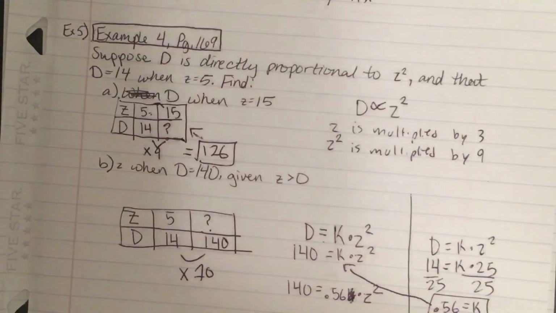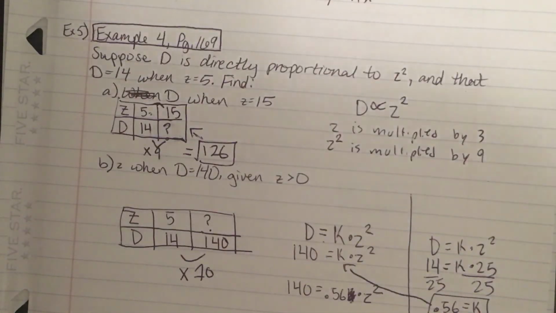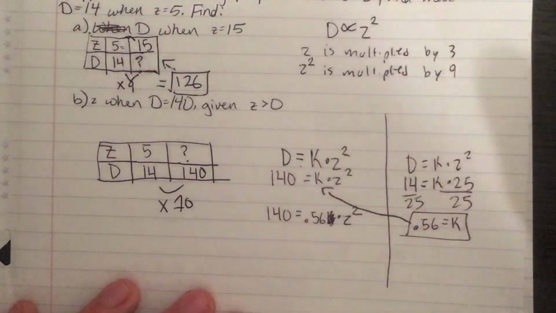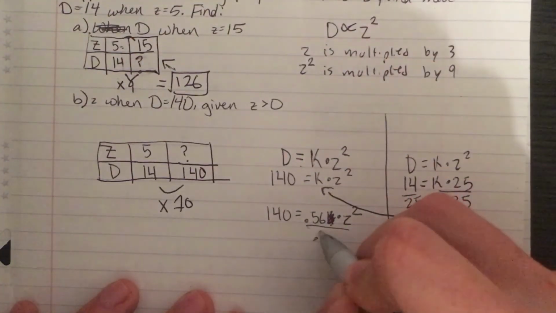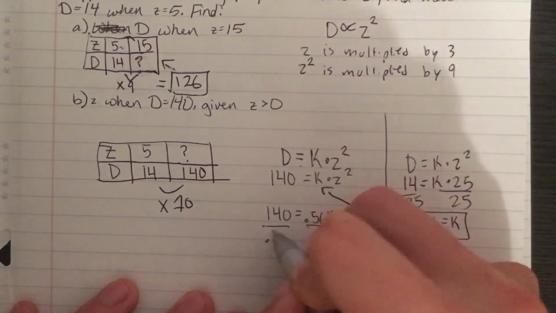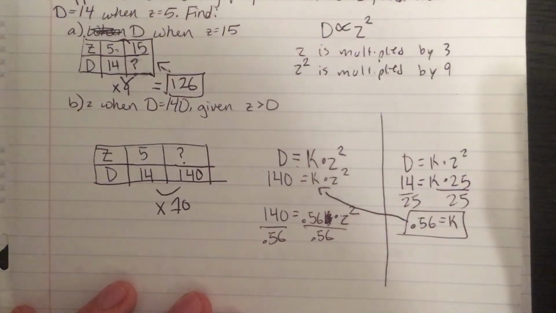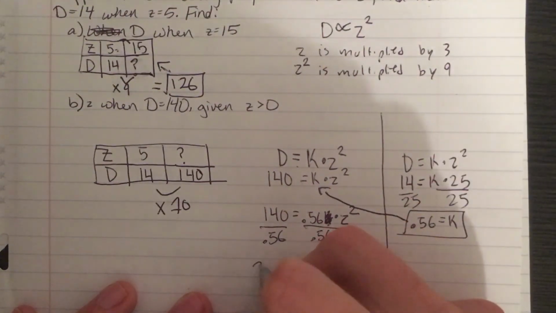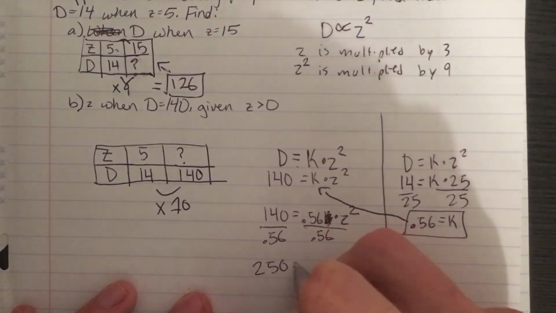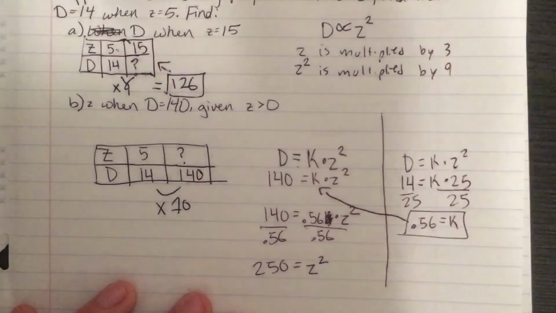And now we need to evaluate for it. We need to solve for it. So we're going to divide both sides by 0.56 here. And let's see, 140 divided by 0.56, that is going to give me 250 equals Z squared here.